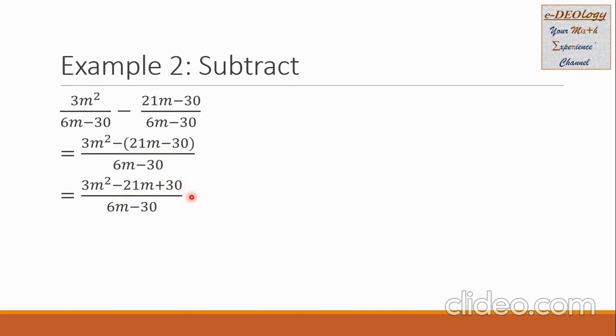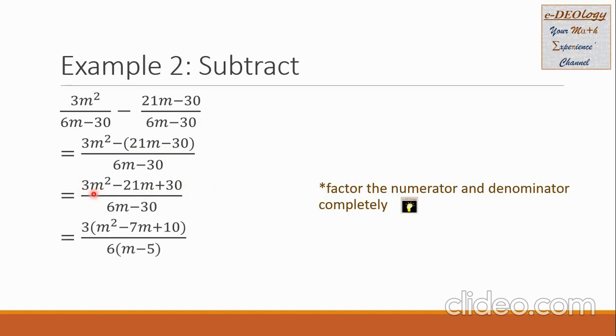And from here, we're going to factor the numerator and denominator completely. In the numerator, there is a GCF of 3. I will pull out the number 3 from each term of the trinomial. So 3 is now outside.